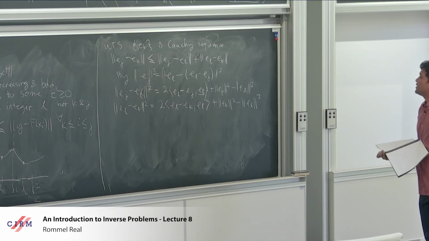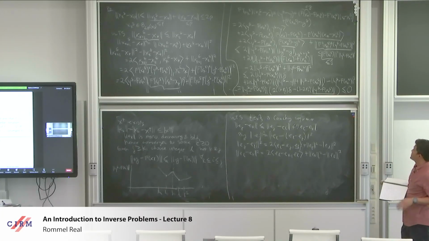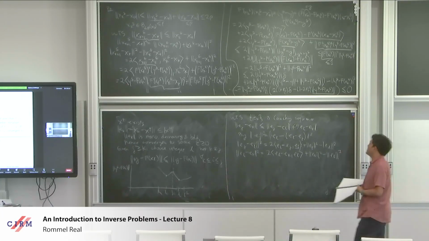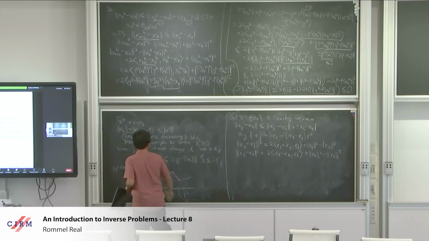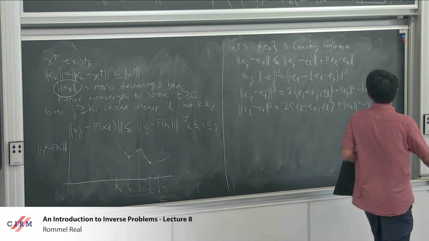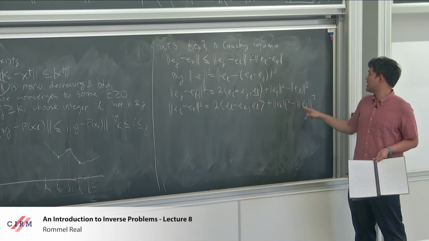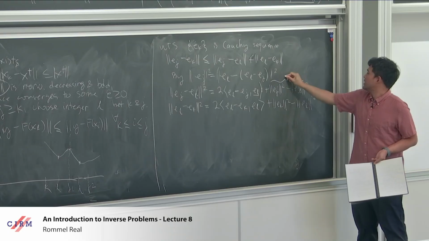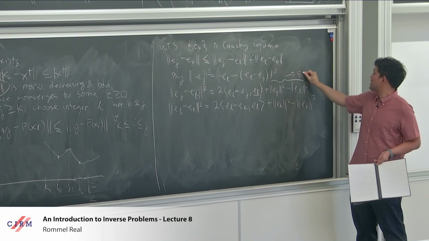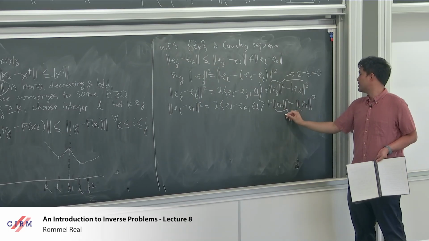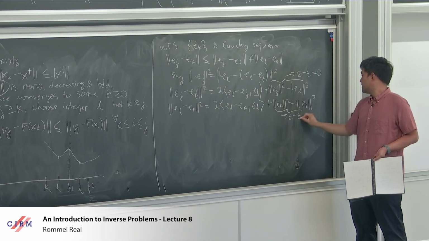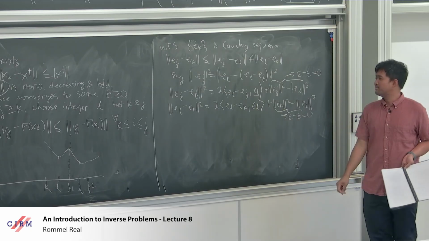Now let's talk about these two estimates. Because the norms of E sub k converge to some epsilon, these last two terms converge to epsilon minus epsilon, which is 0. Also, this difference here converges to epsilon minus epsilon, which is 0.